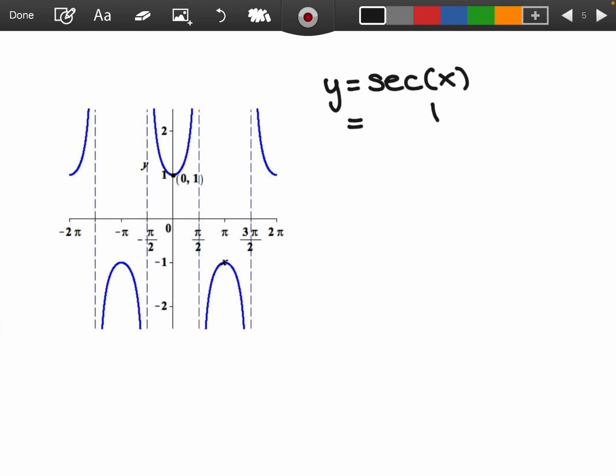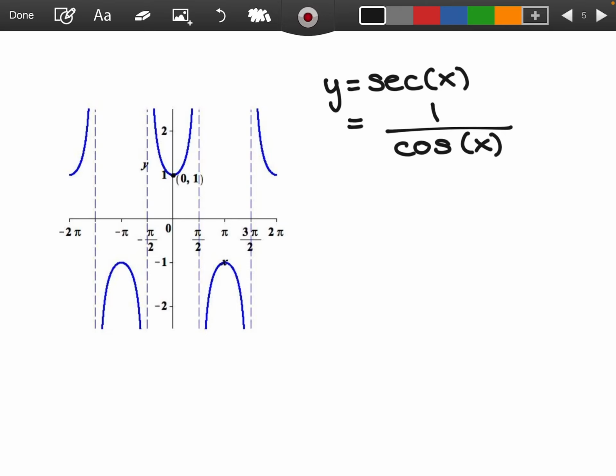Next we're going to look at secant. So remember, secant is 1 over cosine. I end up with a very similar situation to last time. If there are any angles x such that cosine of that angle is 0, then for secant I would get 1 divided by 0, so at that angle secant would be undefined.